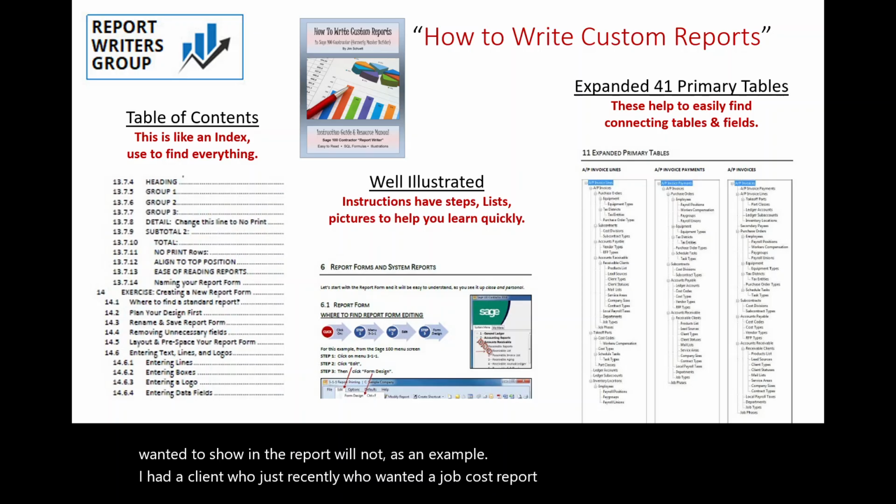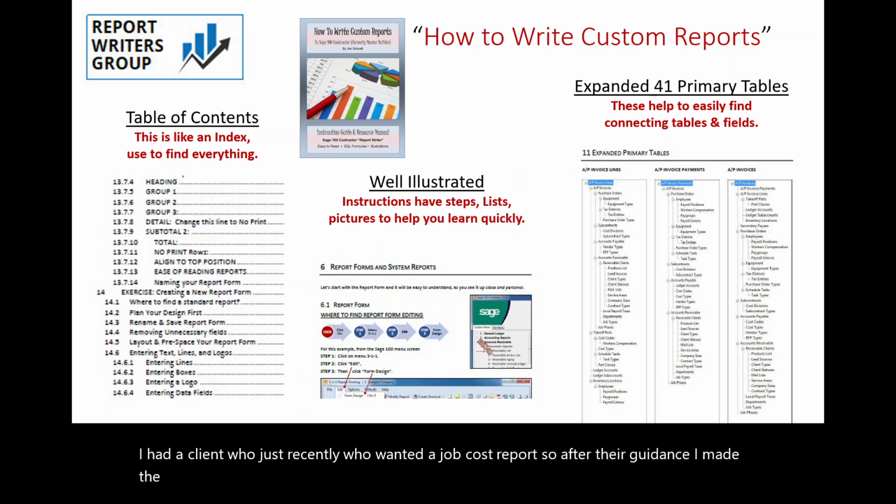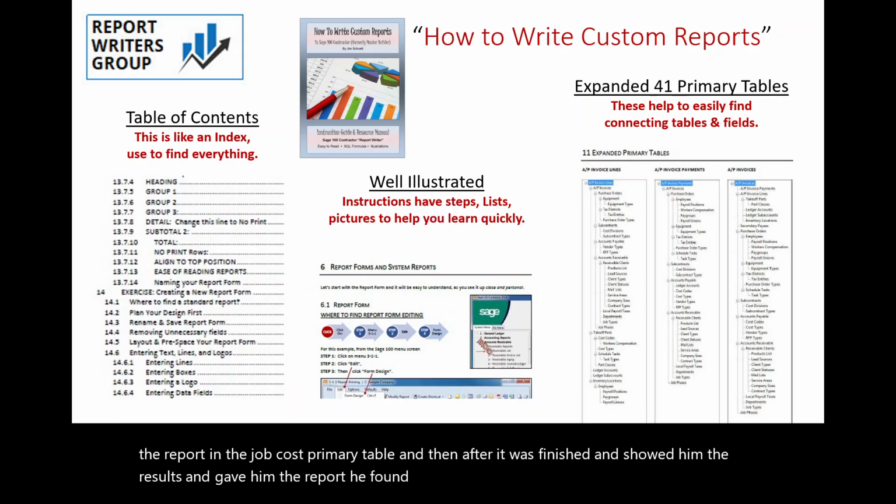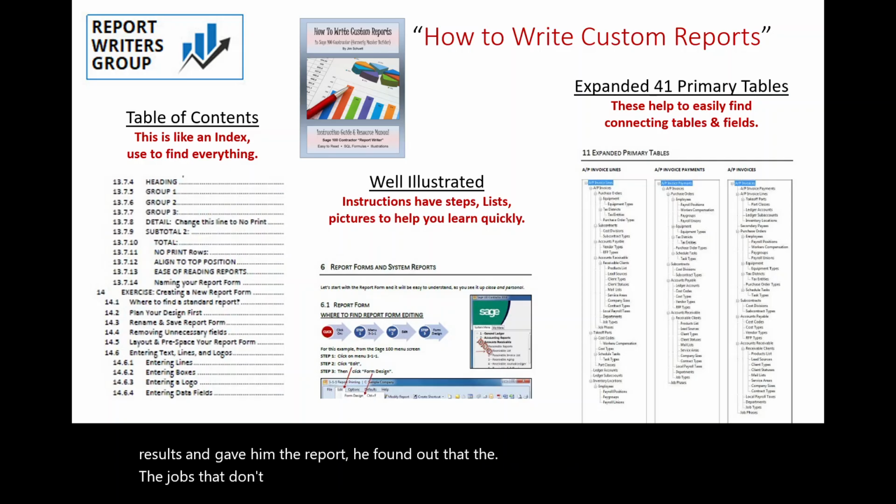So after their guidance, I made the report in the job cost primary table. And then after it was finished and I showed him the results and gave him the report, he found out that the jobs that don't have job costs won't show, because it is a job cost table. And so that's the type of thing you need to be aware of.